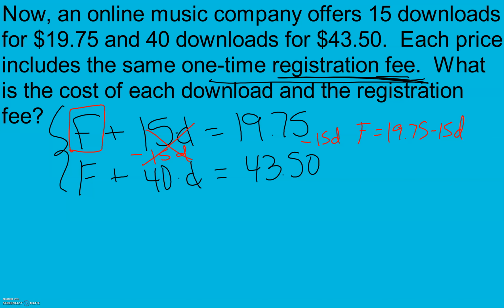Now I know what f is, so I can take what f is and plug it into my second equation for f. I get 19.75 minus 15d, then I bring down the rest of my equation, plus 40d equals 43.50. Combine like terms.